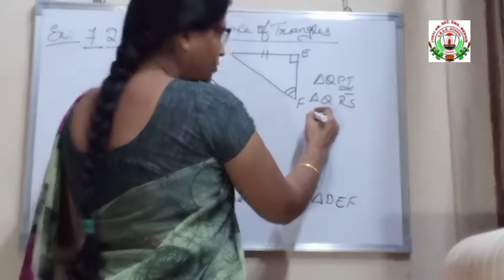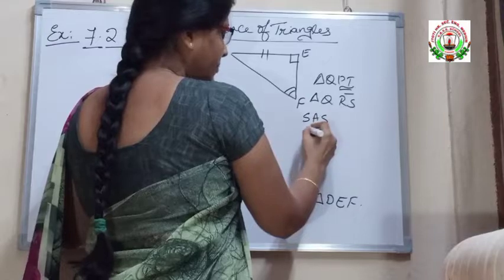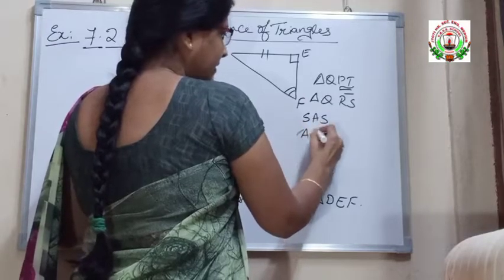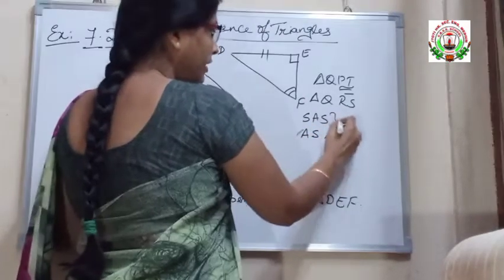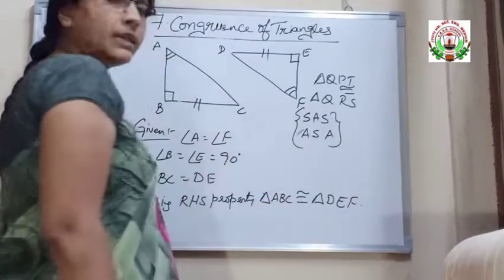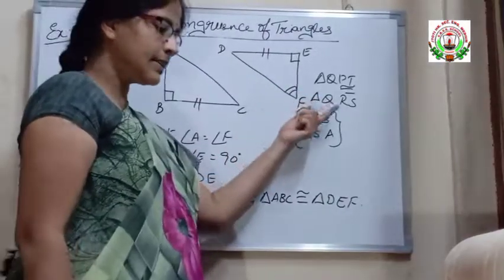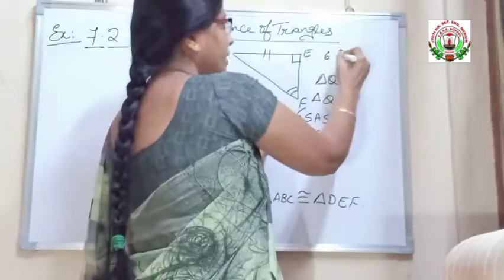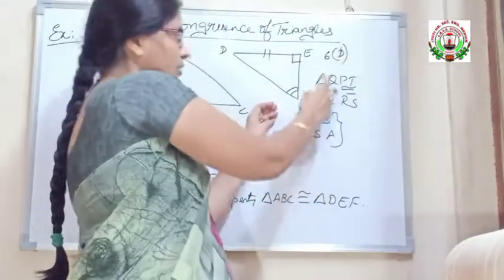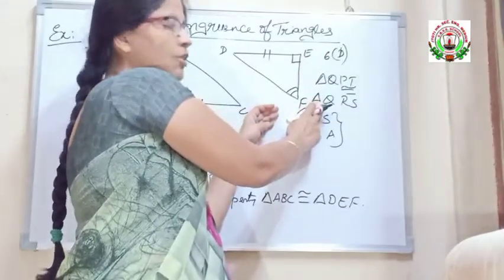There you can use side angle side property and angle side angle property. These two properties are used for the sixth one, B part, to say these two triangles are congruent to each other.